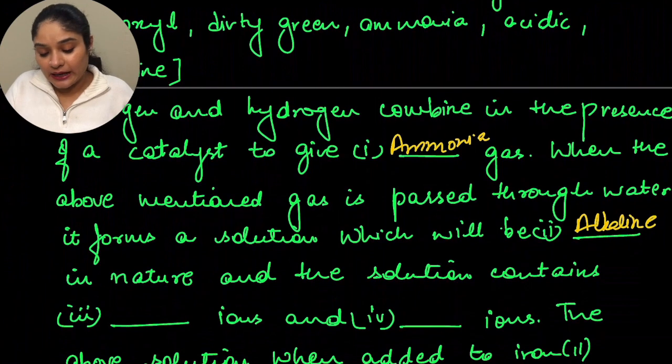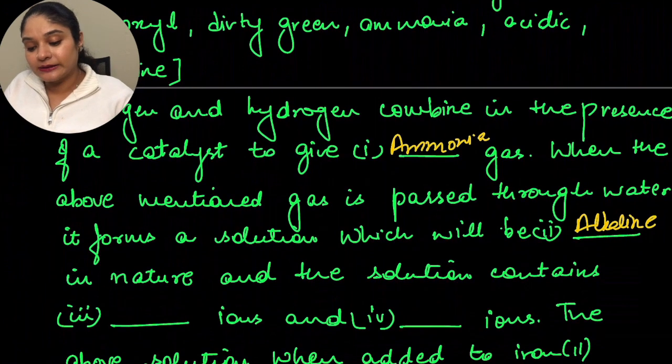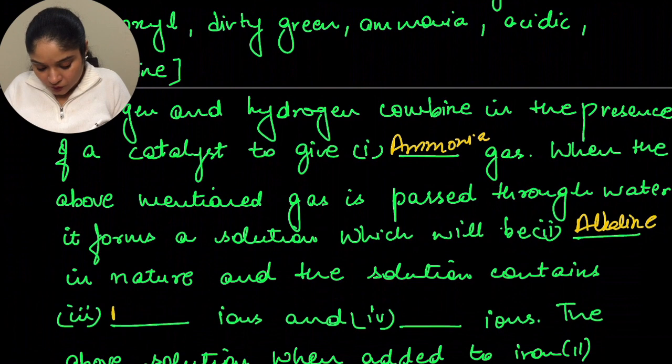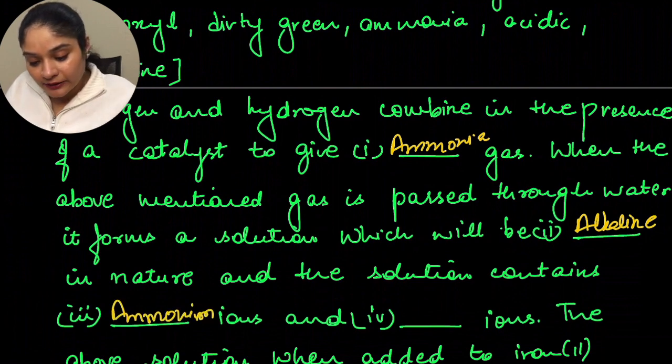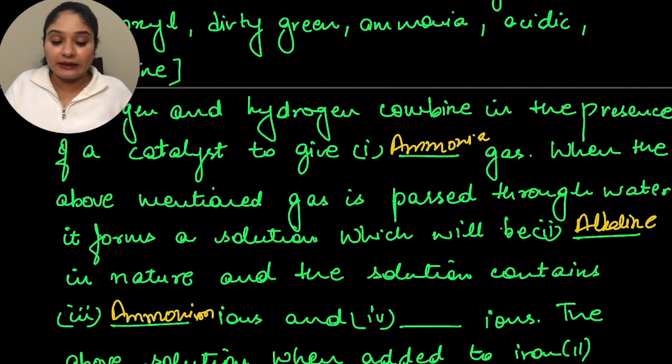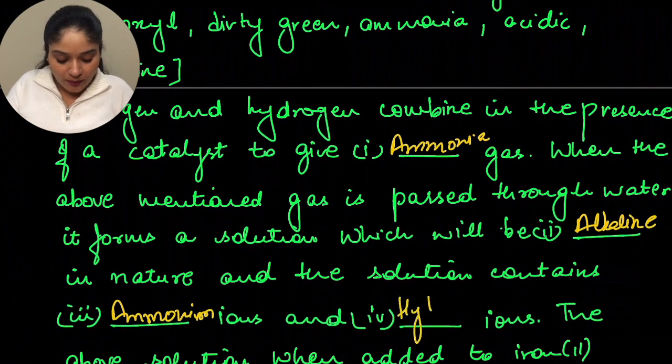Then the next is, alkaline in nature and the solution contains dash. So what kind of ions will it contain? It will contain ammonium ions. Then the next part is dash ions. Along with ammonium ions, because it's alkaline in nature, you will also contain hydroxyl ions.